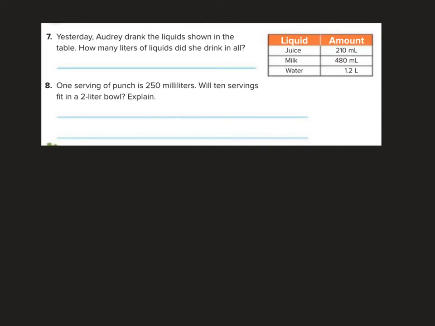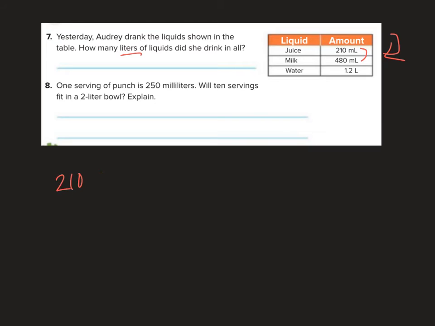Yesterday, Audrey drank the liquid shown in the table. How many liters of liquids did she drink in all? It wants liters, so we better change these two guys into liters.